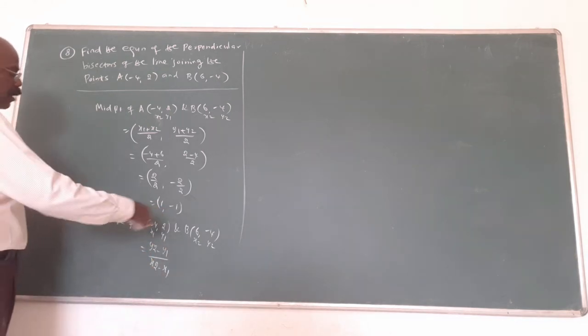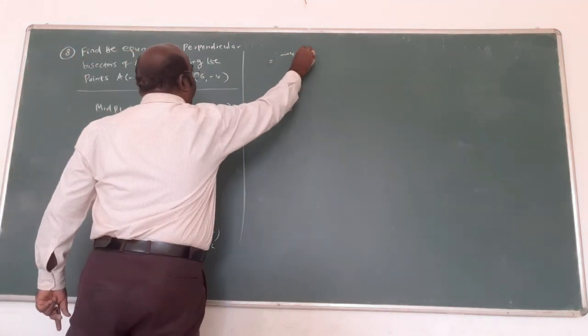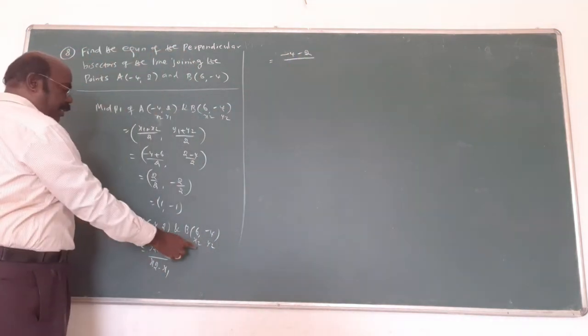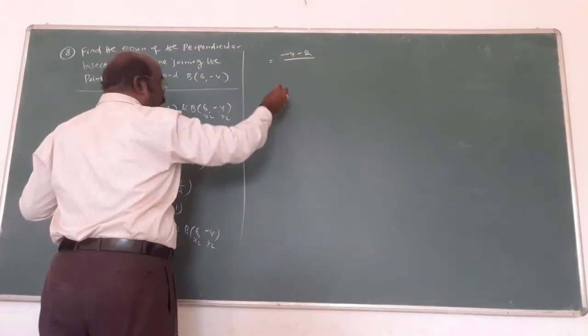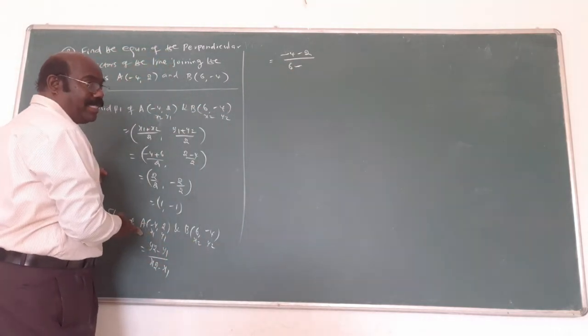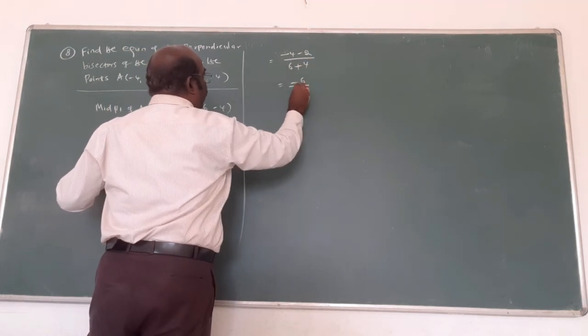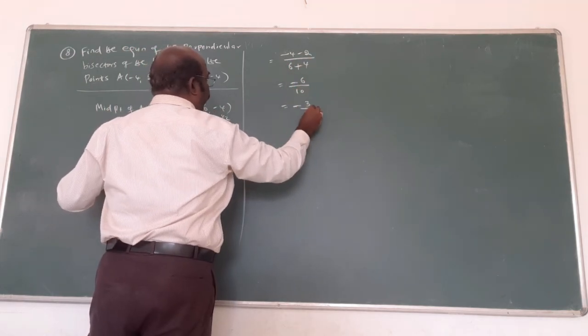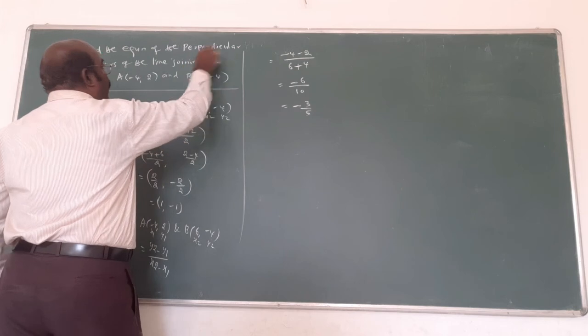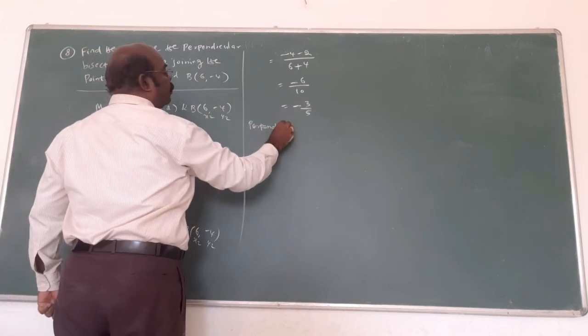Substituting, minus 4 minus 2 by 6 minus minus 4, which is plus 4, so minus 6 by 10. Cancel: minus 3 by 5. Am I right? Now the perpendicular slope is what?